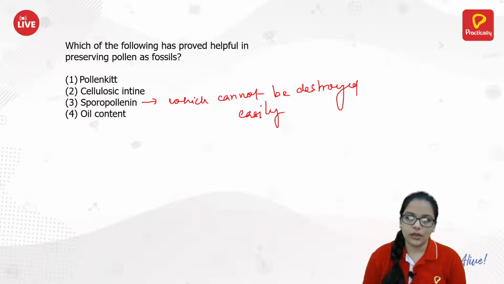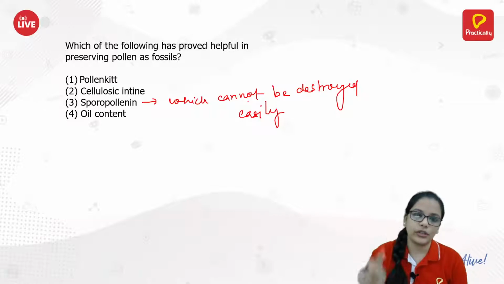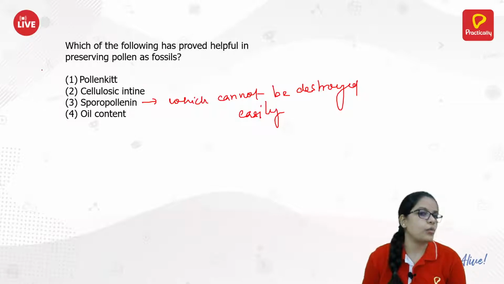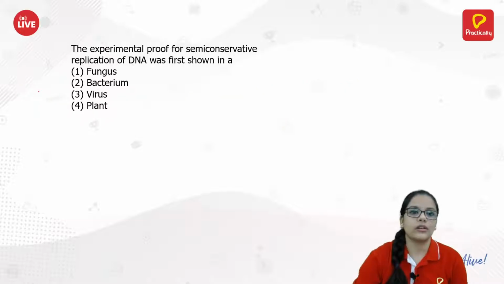Pollenkitt actually helps in insect pollination. Okay, cellulosic intine is a layer of pollen grain, whereas oil content has no part in fossils, etc. So the answer is sporopollenin.